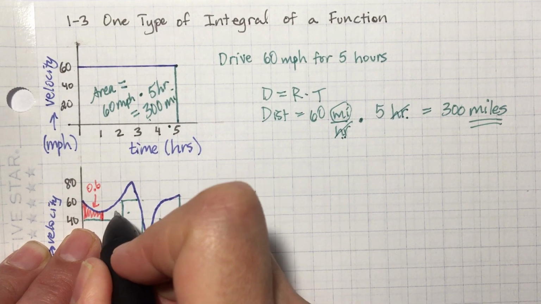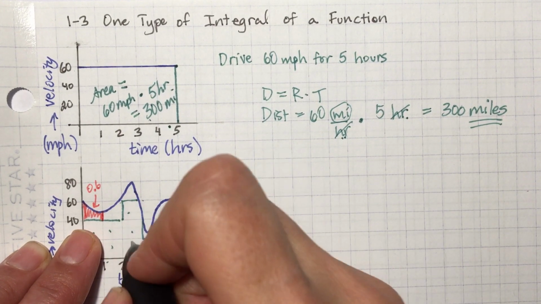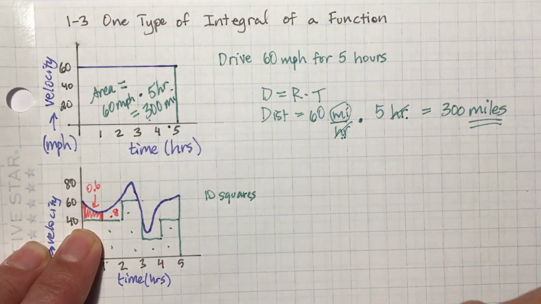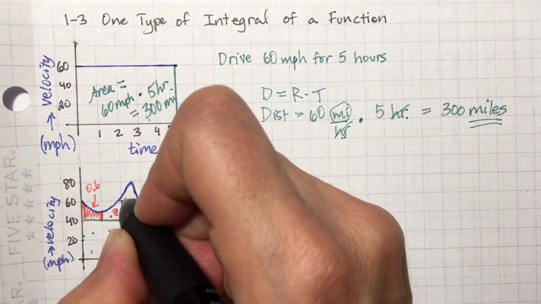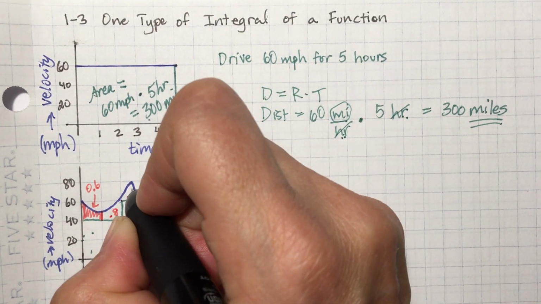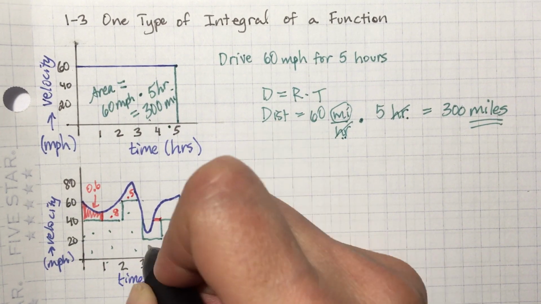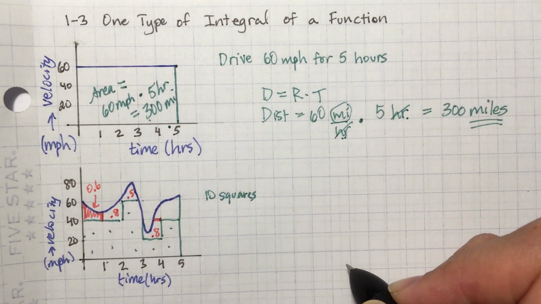This next piece right here, that's kind of almost a trapezoid sort of shape, I'm going to call that 0.8. Now you might look at that and say it's 0.7. Well, that's cool too, close enough. And then here, I'm going to call this a half, 0.5. Down here, this little lump, I'll call that another 0.8.